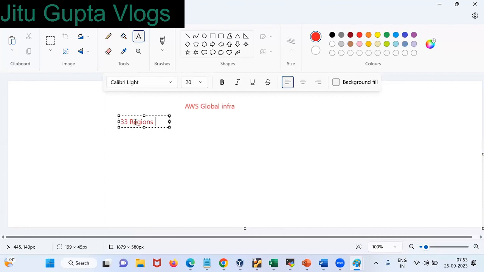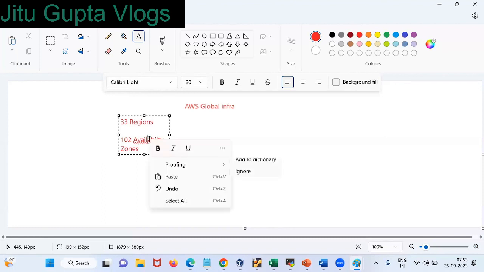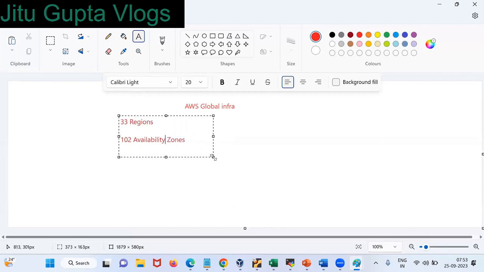And 102 availability zones. We can discuss what availability zones are, the reasons and everything. This is just theory only.